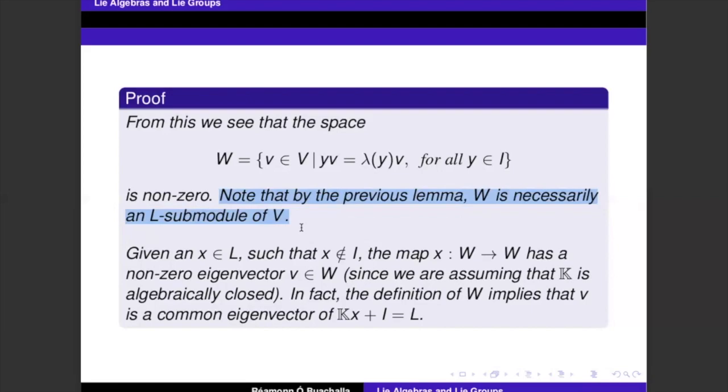All right. And in fact, we now see that the definition of W implies that V is a common eigenvector of any element in L. Remember, every element of W is a common eigenvector of the I. Every single element.